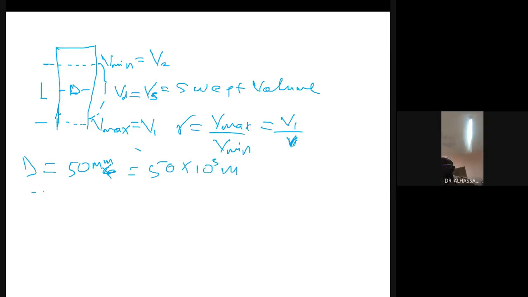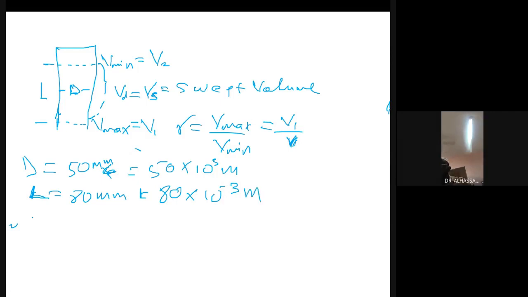And the stroke L equals 80 mm, which is equal to 80 times 10 raised to the power minus 3 meters.